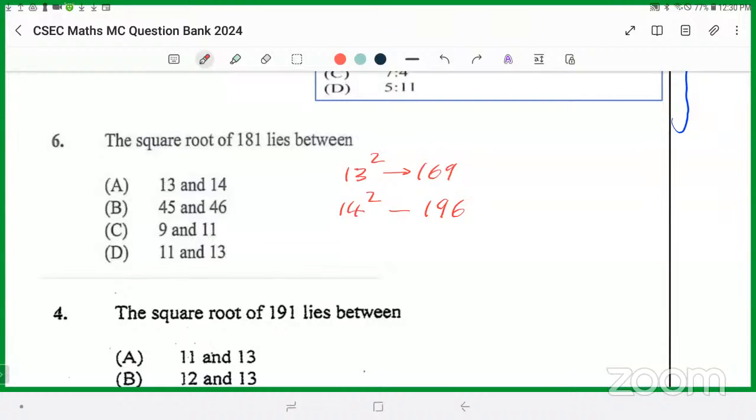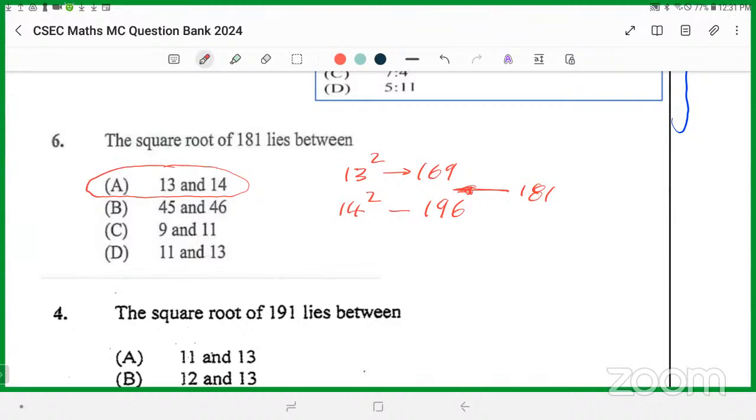So the square root of 181 must be between those 2 numbers. These are 2 consecutive numbers, and 181 lies somewhere in between. So therefore, the square root must also lie between 13 and 14.